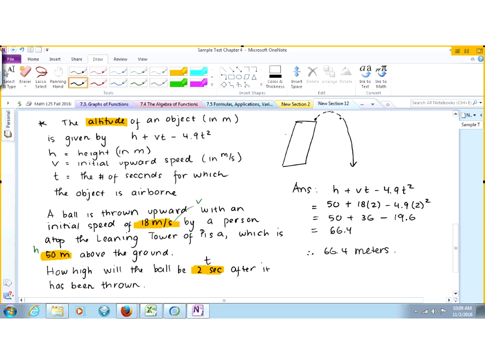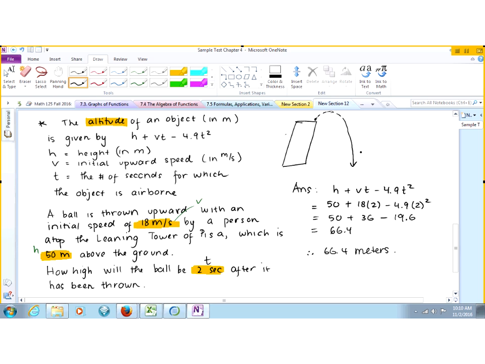And later on, if you choose a higher t, for example maybe 5 or 6, then probably this is lower than 66.4 until it gets to 0. Are we okay? So this is the type of application that you guys will have. It's very straightforward. We just have to substitute the value.